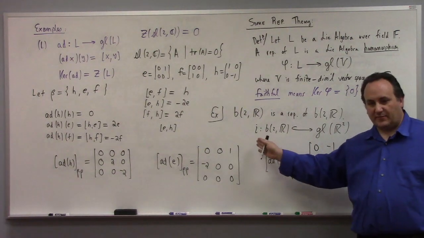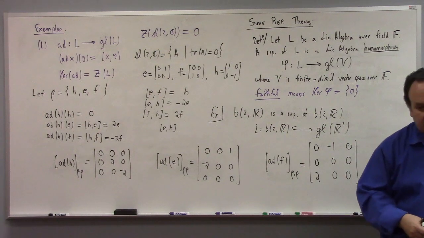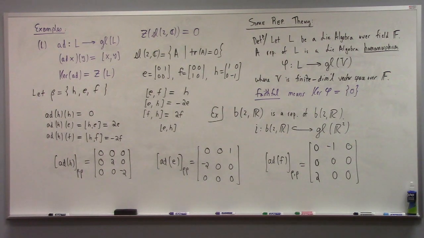It's just the identity map restricted to here, so it's going to be a bijection onto its image at least. So yeah. Interesting.